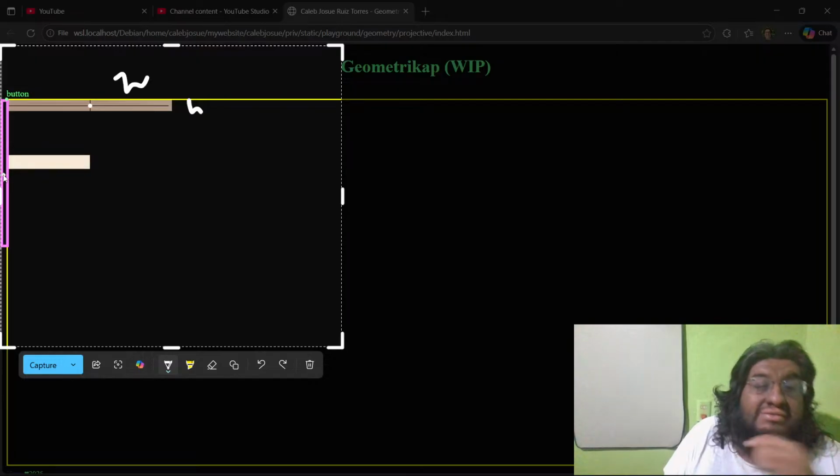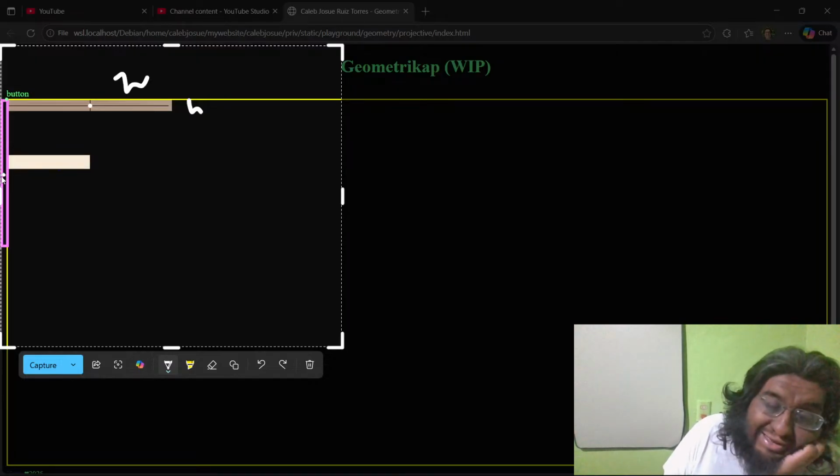We don't have this. I mean, we can calculate this also in the rotation. We can calculate this and we can calculate this. So this point, this origin, this will be the one.